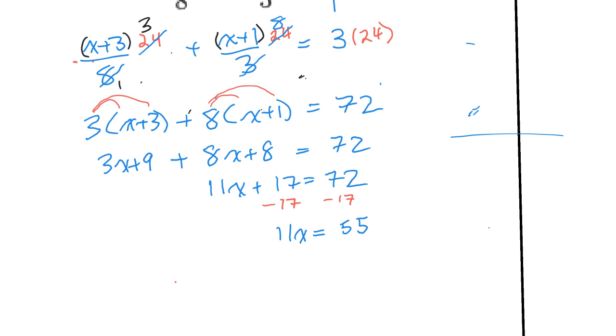And now we need to get rid of our 11 on the x, so we divide both sides by 11. And we end up with x is equal to 5. And there is our answer.